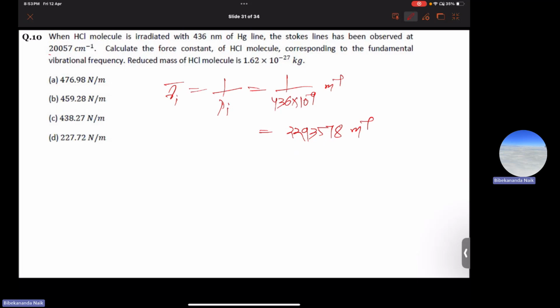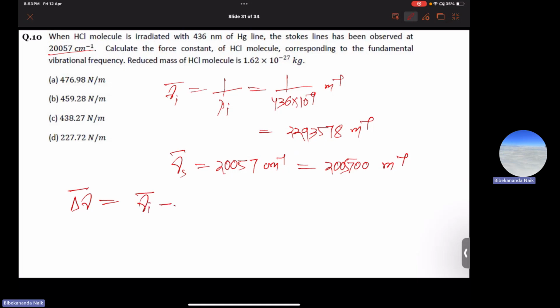Now the Stokes line is given. The Stokes line wave number is 20057 centimeter inverse, which is equal to 2005700 meter inverse.